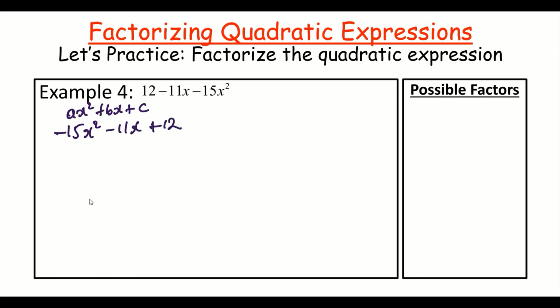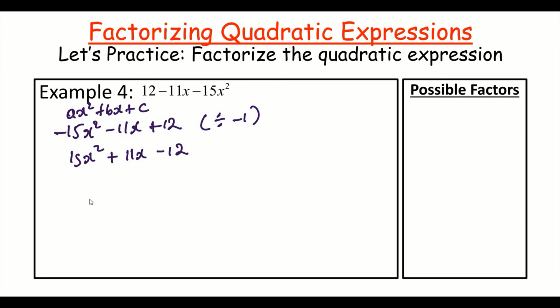Normally we like the first term of our quadratic expression to be positive, so we're going to factor out negative 1, or divide through by negative 1. Hence we'll have 15x squared plus 11x minus 12.